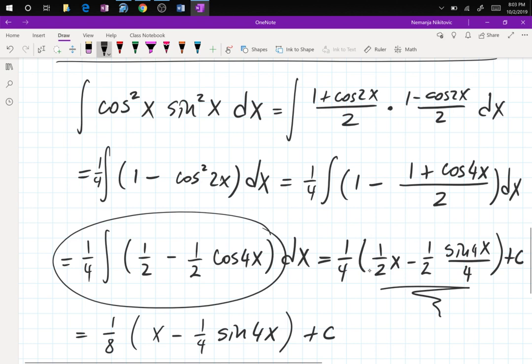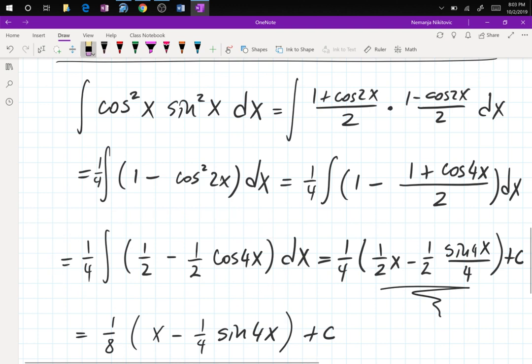Yeah, 1 minus the 1 plus cosine 4x over 2. Sorry, I made it 2 minus. You can't make it 2, it's half.